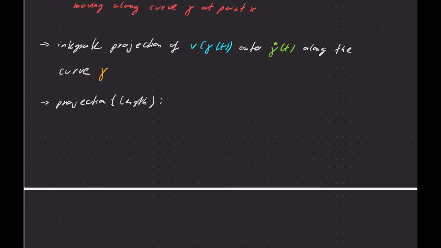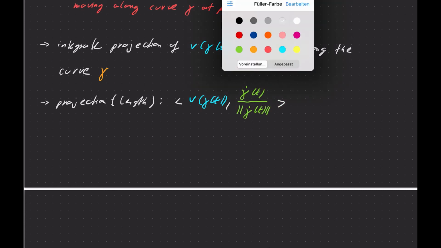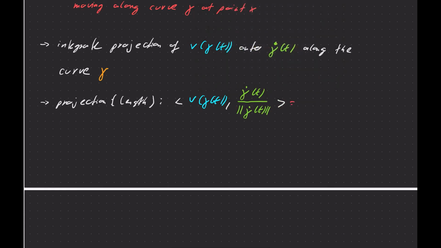So that projection of the vector field onto the local direction of motion, well, we need to use gamma dot of t. And for the projection, you will remember that we always need to normalize the vector that we project onto. So we need to normalize gamma dot of t here. Right, so that is the effective force that we experience.